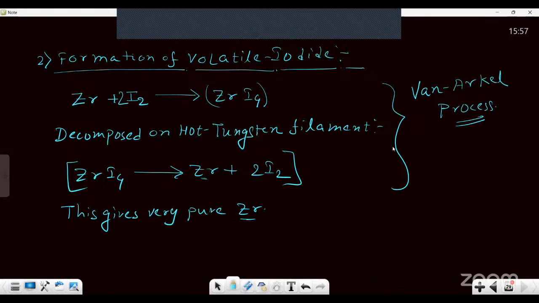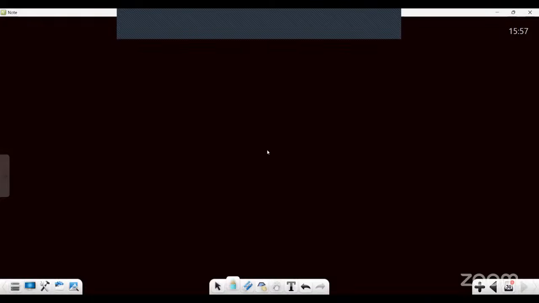Now we will see. You see this halide metallurgy is so important. Now you will see magnesium extraction. This magnesium extraction process is called the Pidgeon process.